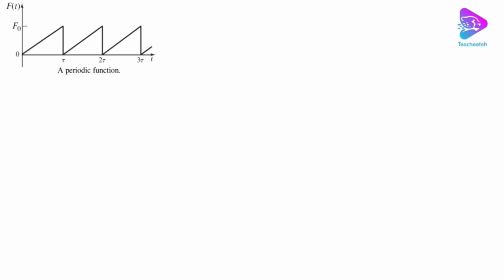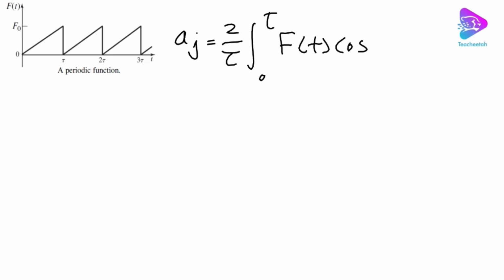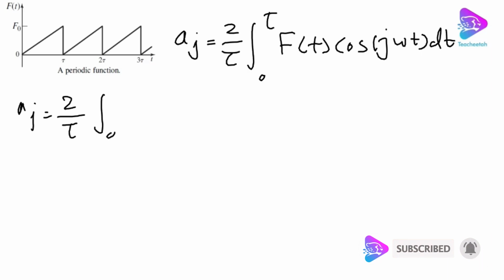Now we need to find the other one, which is aj. So what is aj? aj is equal to 2 over tau, integral from 0 to tau of F(t) cos j omega t dt. So for aj, it's equal to 2 over tau, integral from 0 to tau of F naught divided by tau, right?